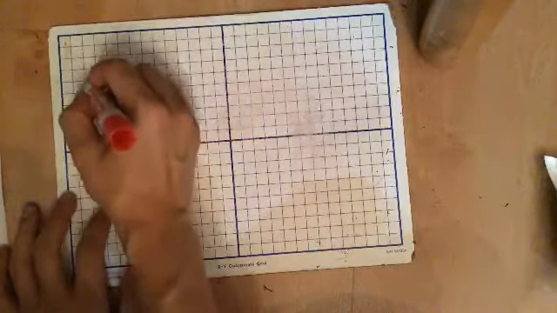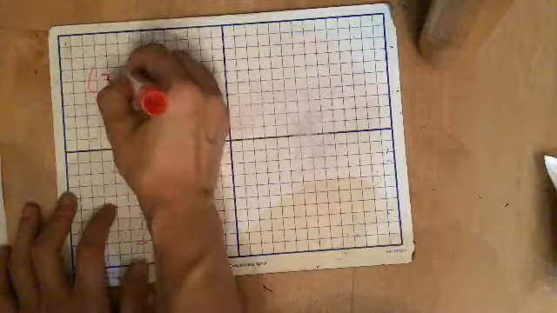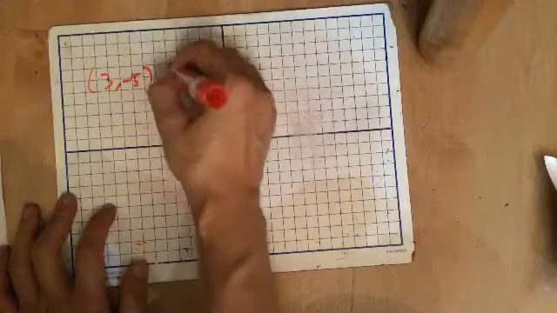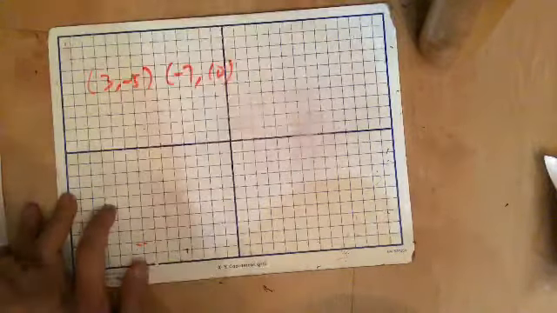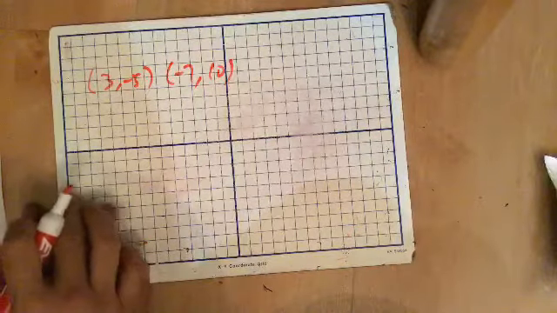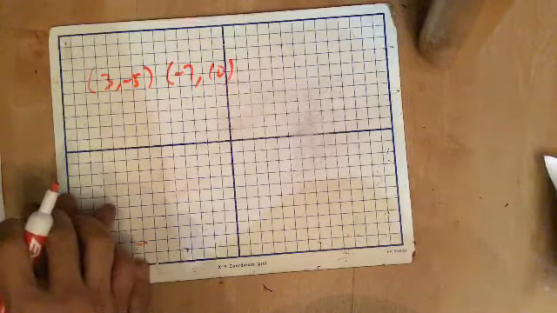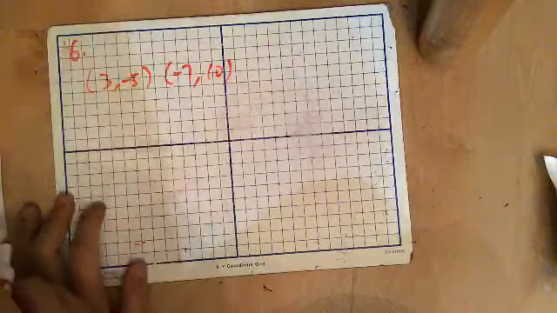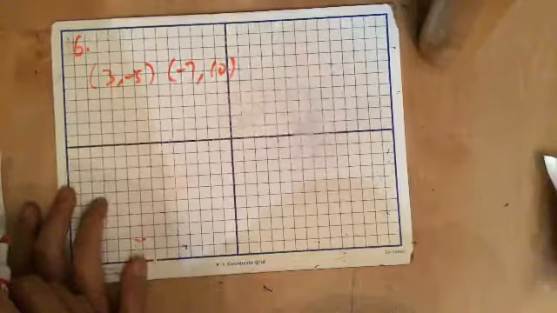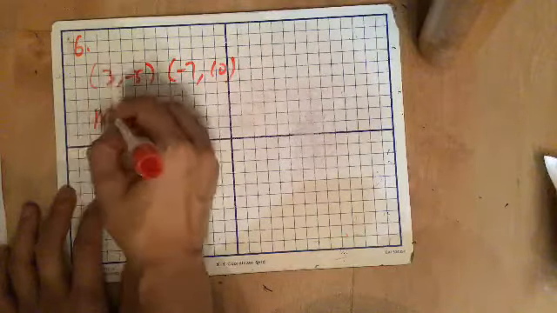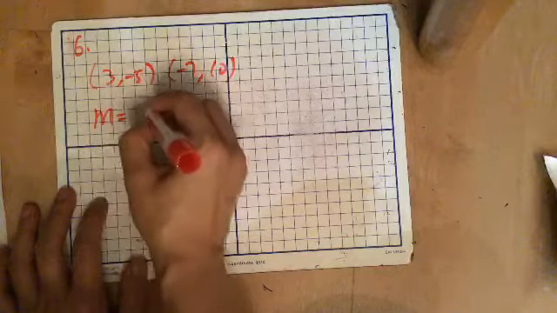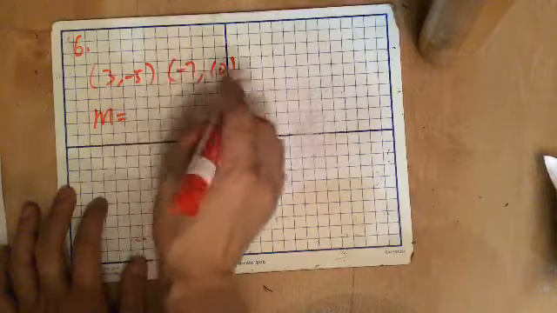So the next question is going to be 3 and -5 and -7 and 10. So what happened here is we got 2 points. How do we find the point slope form? So this is question 6.